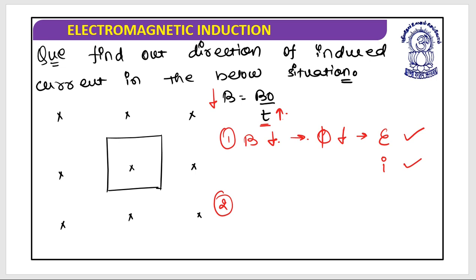So let's begin with the second task. The second task says that it will oppose the one which will produce it. So who is producing it? I must say it is the change in magnetic field that will produce it. Now I should say it is the decreasing magnetic field.